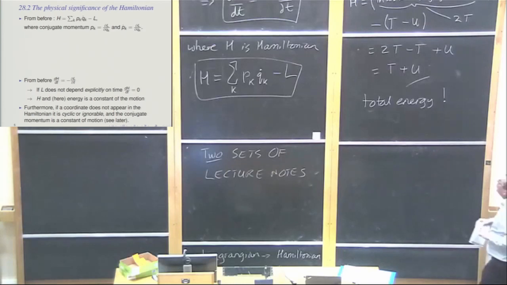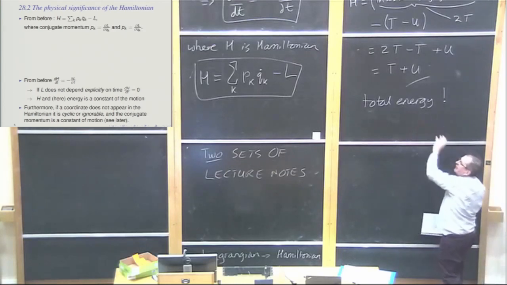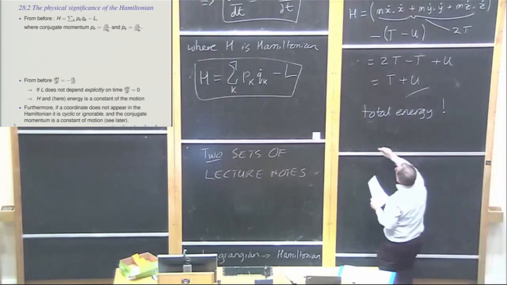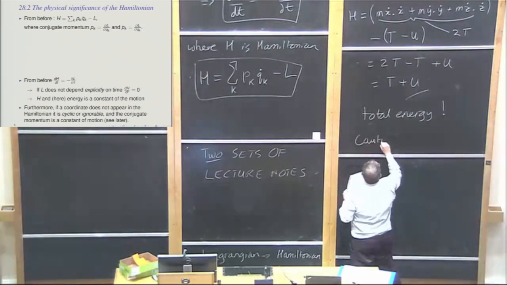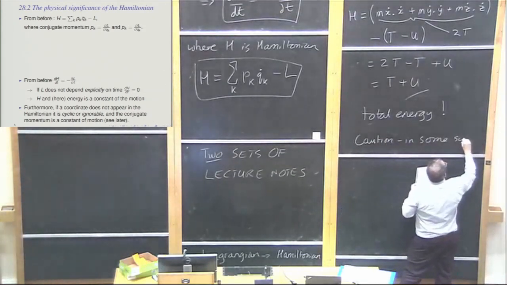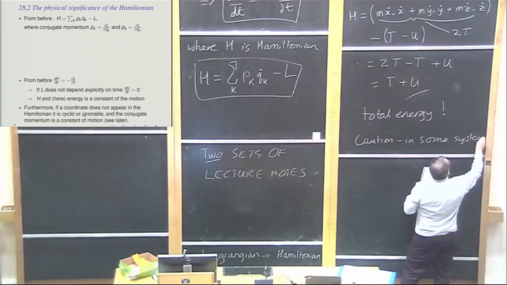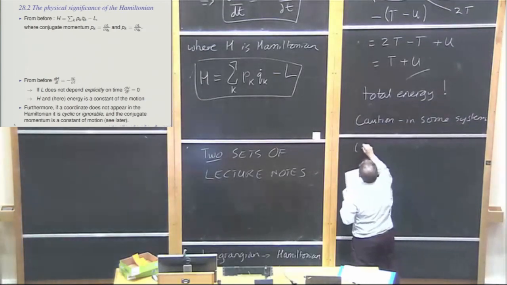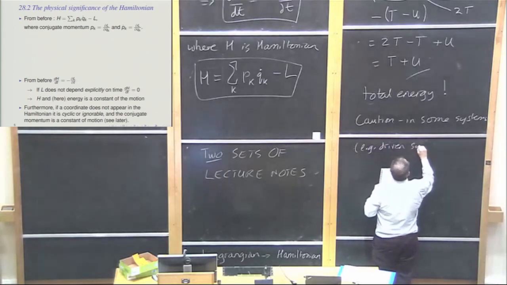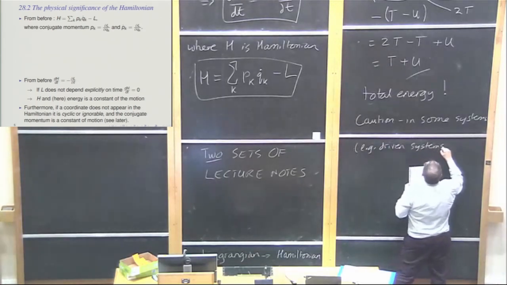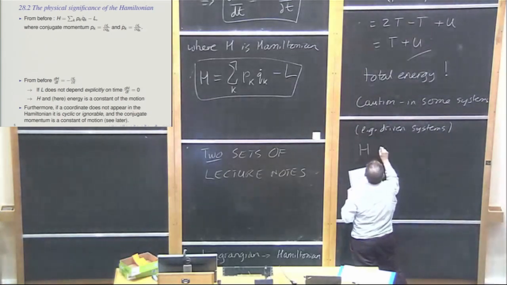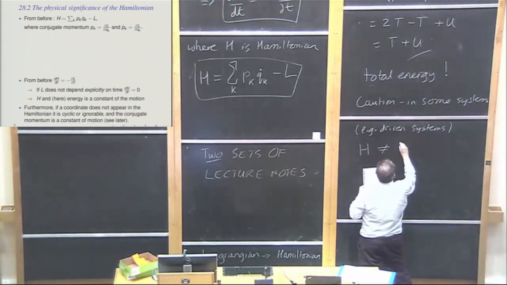Now, one word of caution: in many systems it will be the total energy, but in some systems, for example driven systems, and we'll see one of these in a little while, H won't be the total energy.